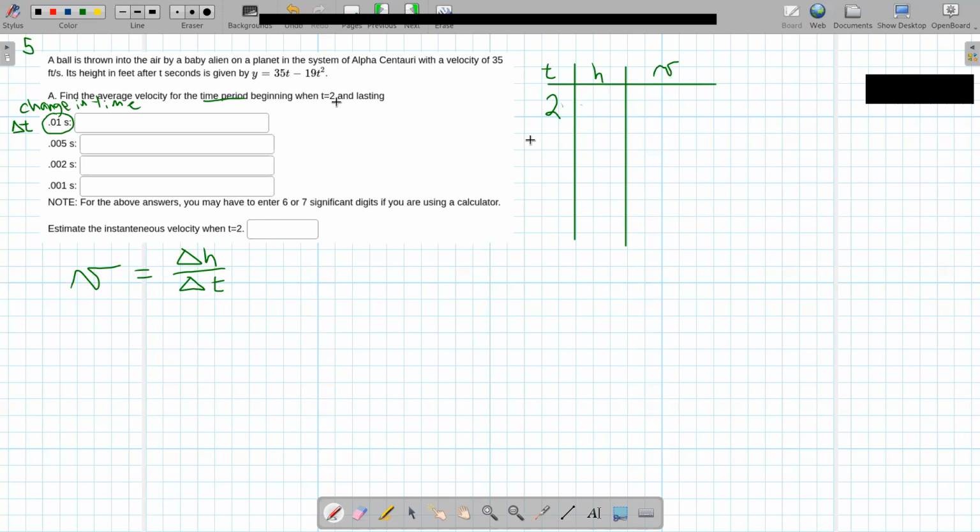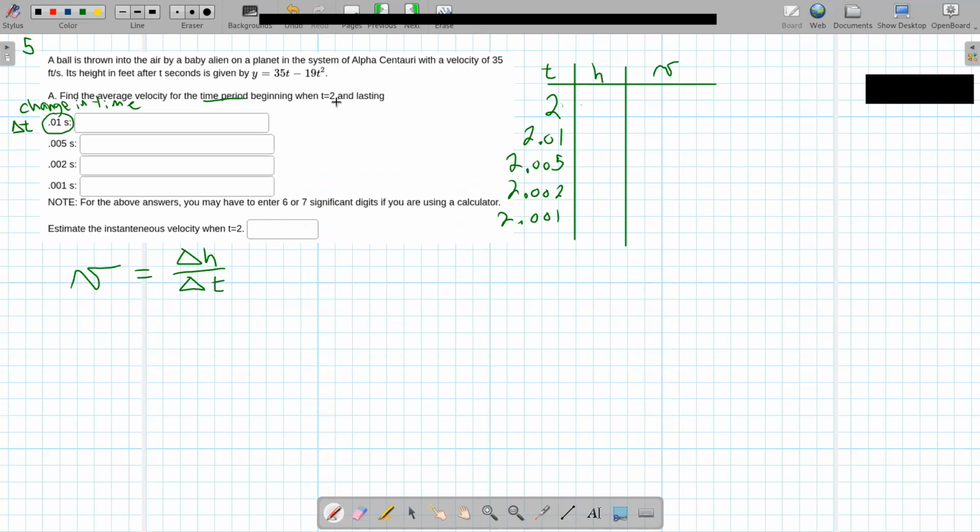Then the next one would be 2.01, right? Change that much time later. And then the next one after that is 2.005. Next one after that is 2.002, and then 2.001. So we want to find the heights at each time and the velocities.